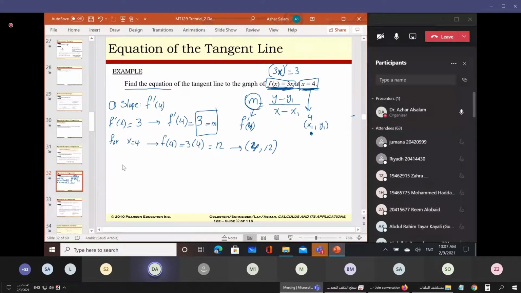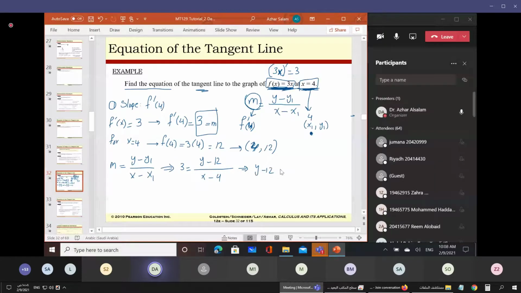Now I can make the equation of the tangent line. This is the tangent line. I have a slope, I have the y coordinate, and I have the value of the x coordinate. I have x1, y1 and m. M, as I said, is f dash of 4, which is constant here, 3, equals y minus 12 over x minus 4, which is y minus 12 equals 3 multiplied by x minus 4.